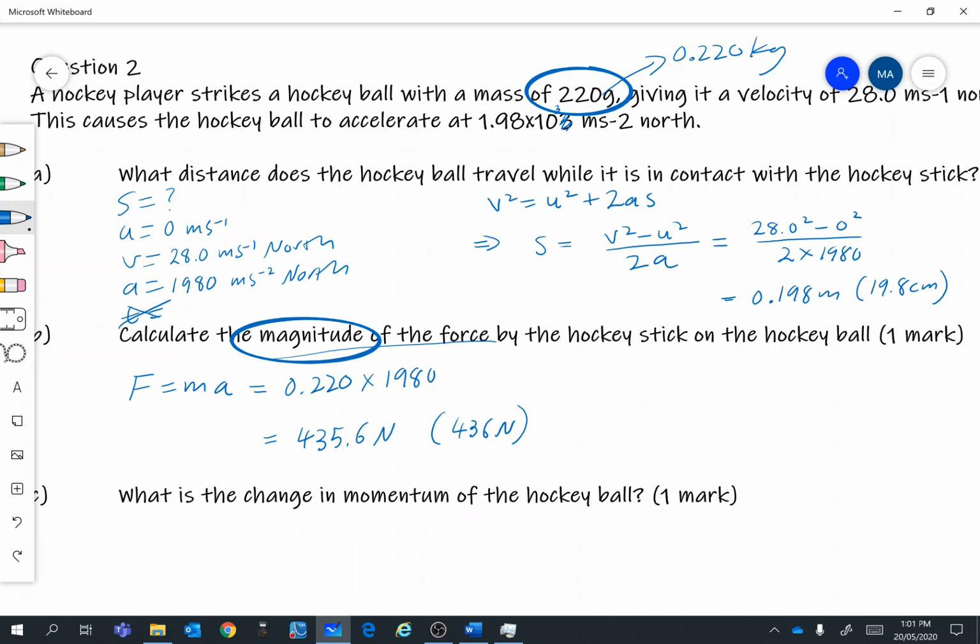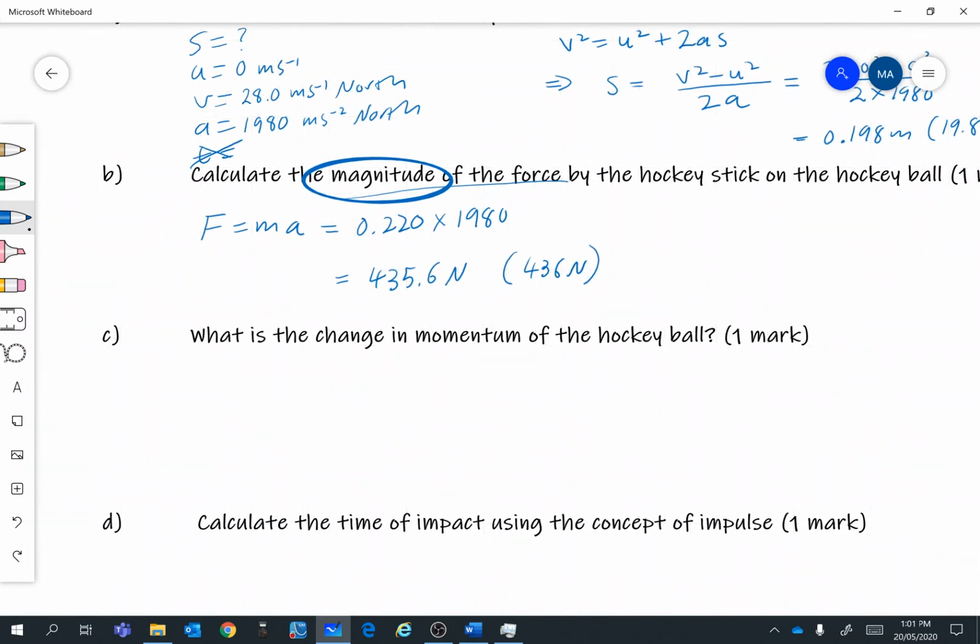Okay, change in momentum of the hockey ball in part C. Remember, change in momentum is equal to mass times the change in velocity. So this is basically mass times v take u. In this case we've got 0.220 multiplied by v take u, so 28.0 minus 0.